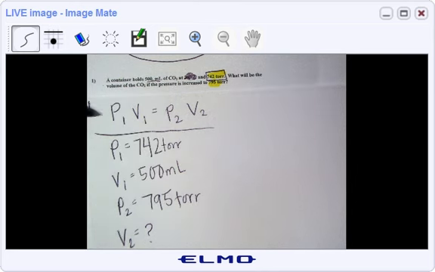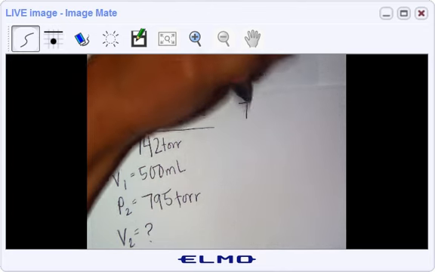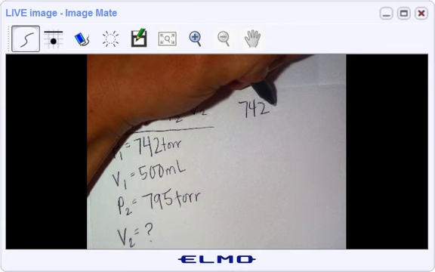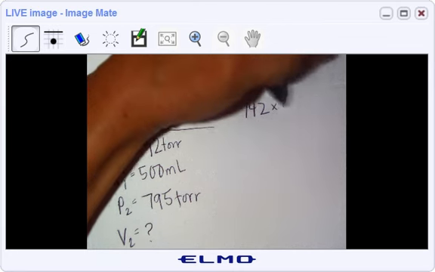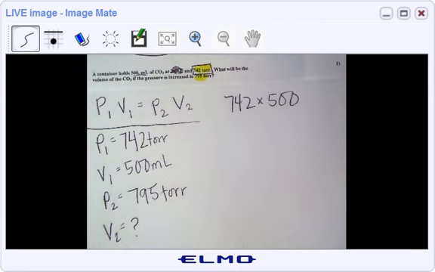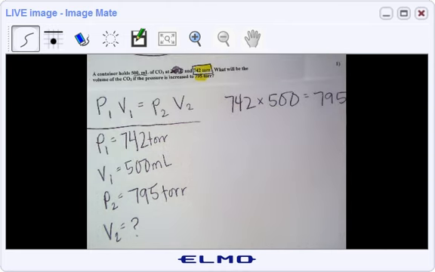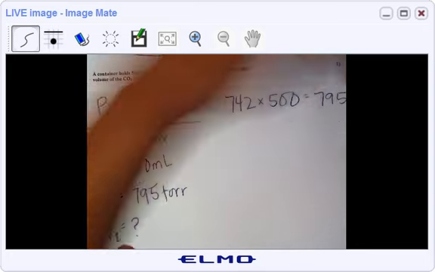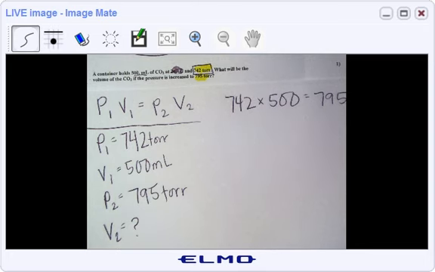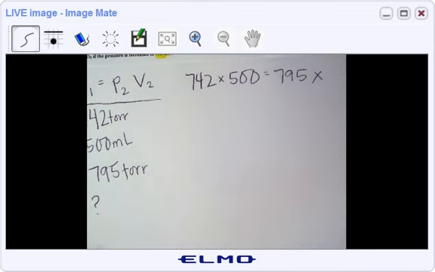Okay, so let's just plug it in up here. So our P1 is 742 times our V1, which is 500, equals our P2, 795. And then for my unknown down here for the V2, I just put X. If you want to put V2, because it just keeps you organized, you could put V2.